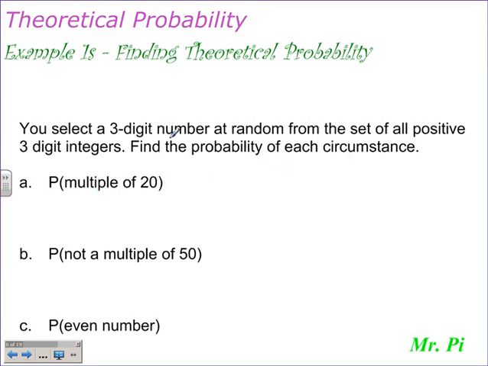Here's example 1S, finding theoretical probabilities. You select a 3-digit number at random from the set of all positive 3-digit integers. Find the probability of each circumstance. Before we even find any probabilities, we have to define our sample space. So I'll do that work up here.